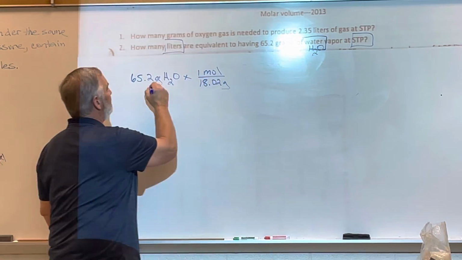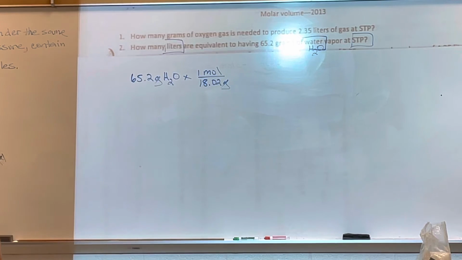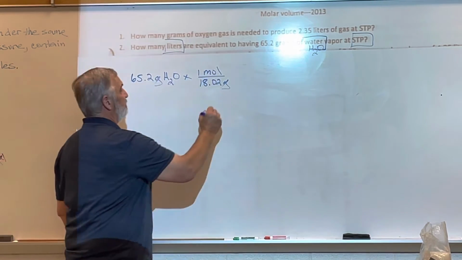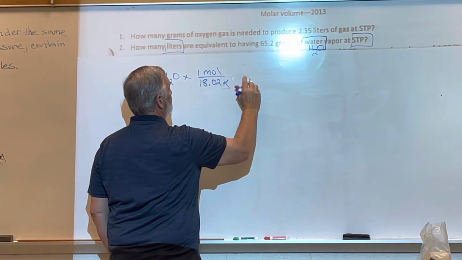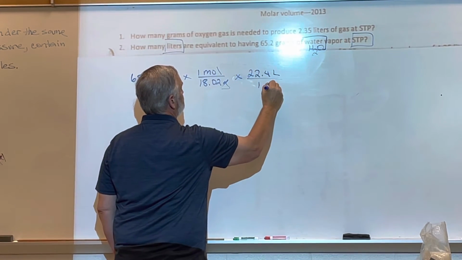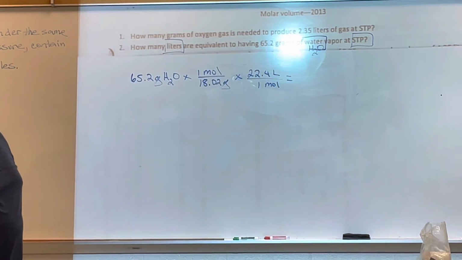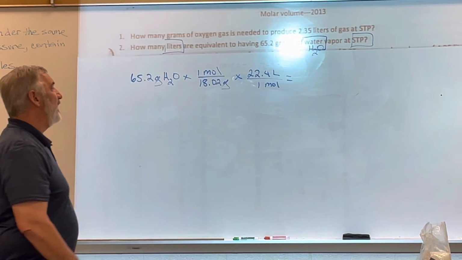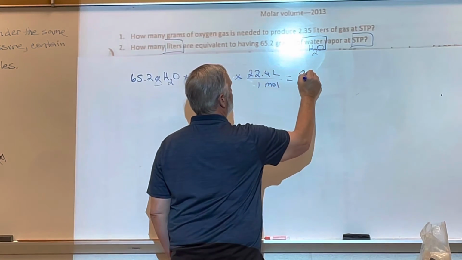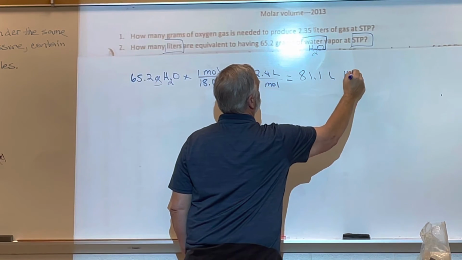So now how do I go to liters? 22.4 over 1 mole. And you do all that out, and you get what? 81.1 liters of water.